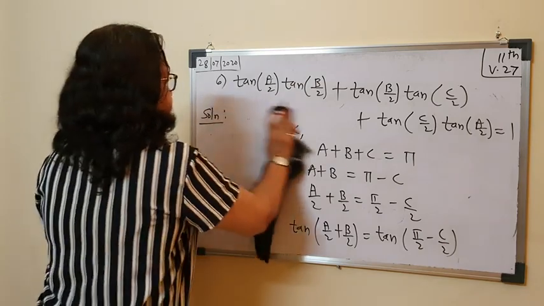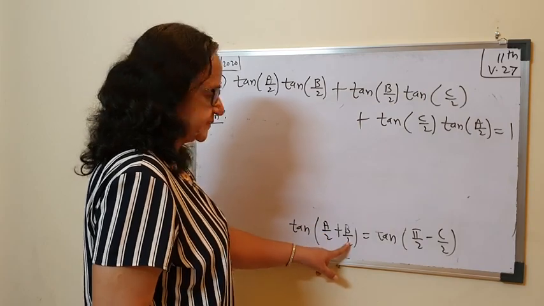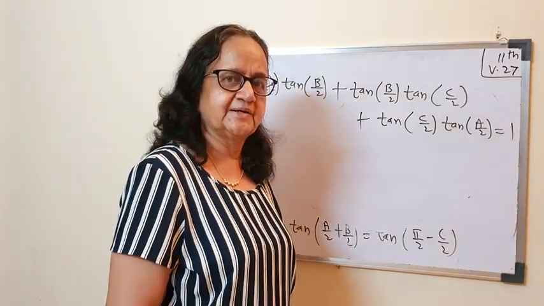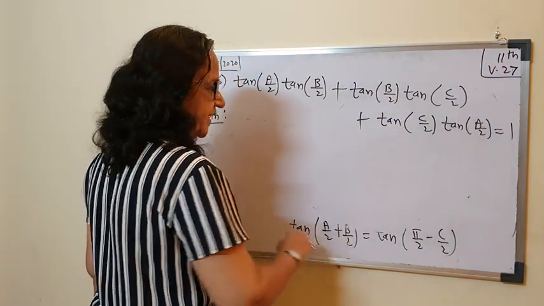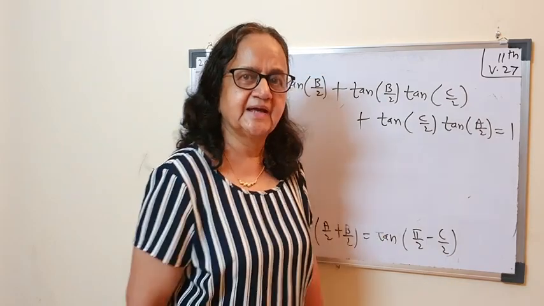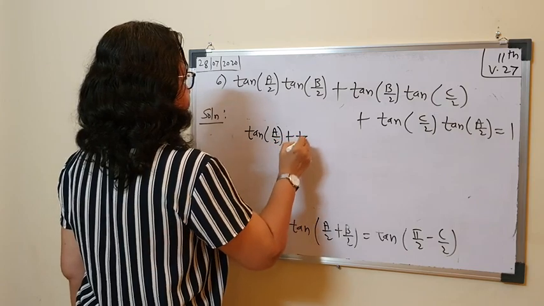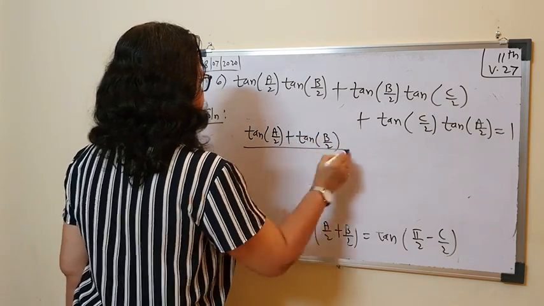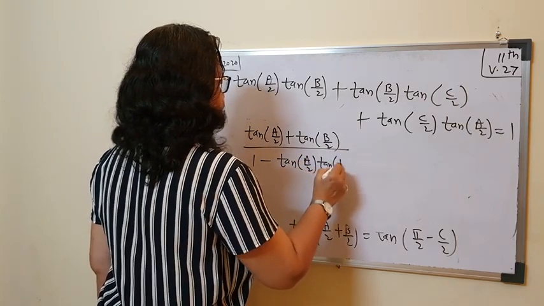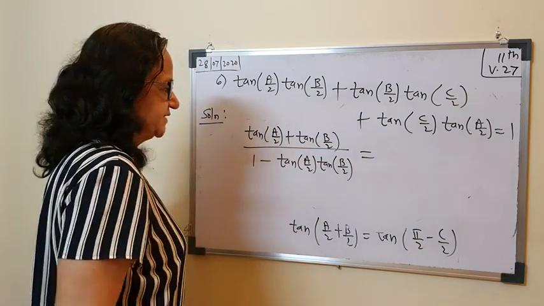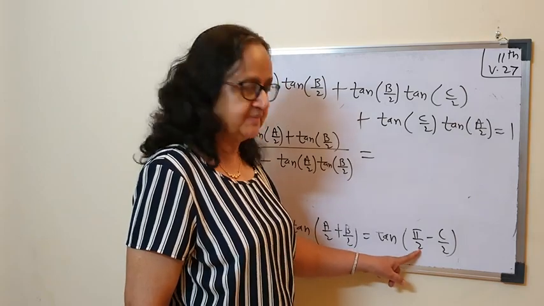Same ratio. So, now left side is of the type tan of A plus B. Do I remember the formula tan of A plus B? Yes. Tan A plus tan B upon 1 minus tan A tan B. So left side tan A by 2 plus tan B by 2 upon 1 minus tan A by 2 tan B by 2 equal to other side, pi by 2 allied angle, coefficient half means fraction.